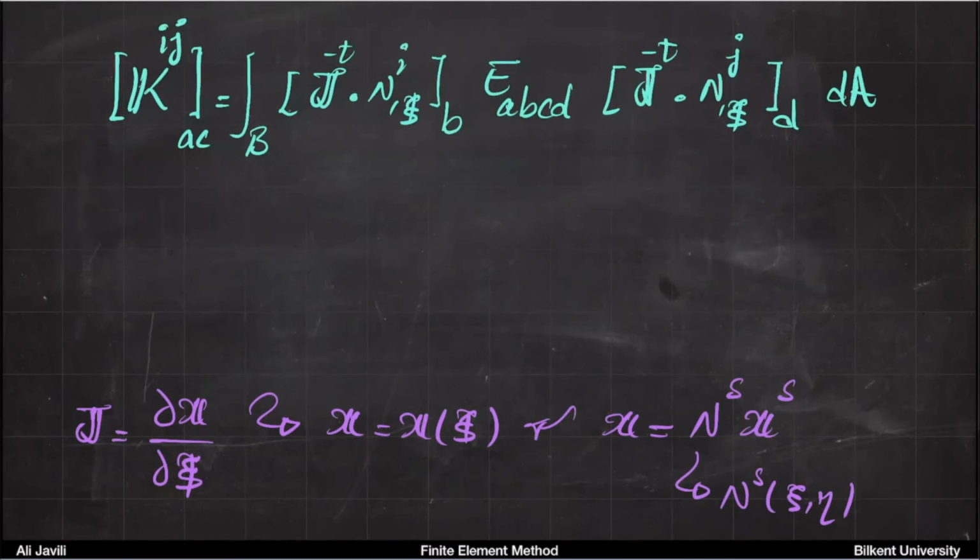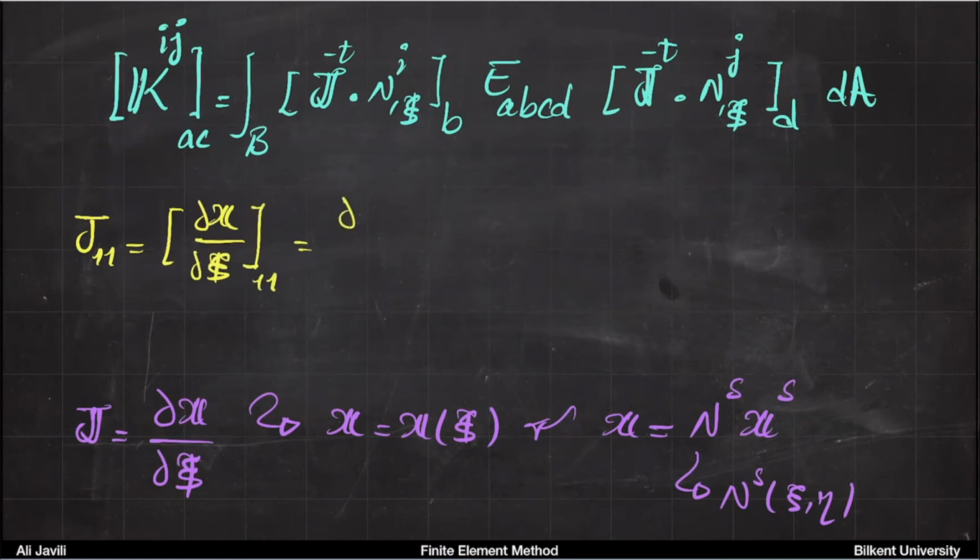So remember, J is a square matrix. It has 4 components. So I'm going to do this one by one so that you can digest what is going on. So let's say J11. J11 would be the first component of the derivative of X with respect to Xi. That would be the derivative of the coordinate X with respect to Xi. Okay, so it's not bold anymore.